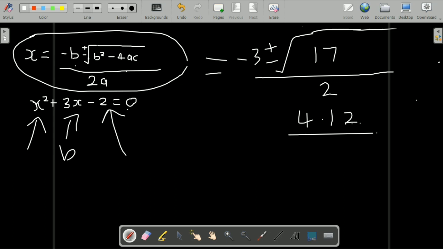We don't have to forget that we have negative 3 plus or minus.